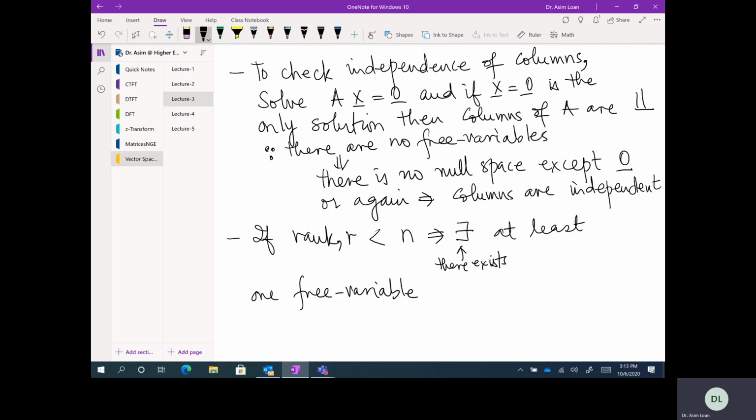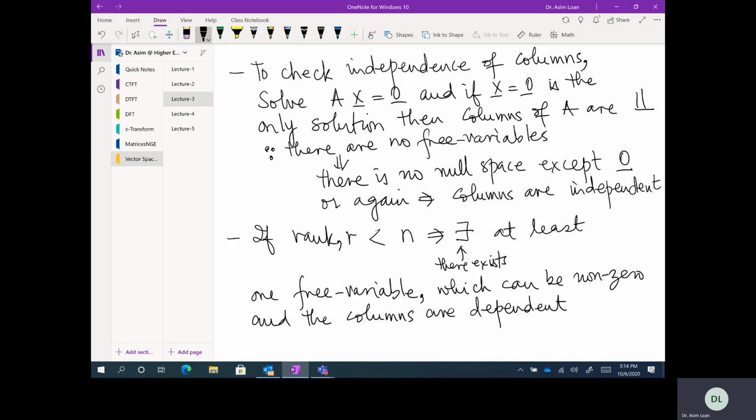There is one free variable which can be non-zero, and the columns are dependent. Okay.